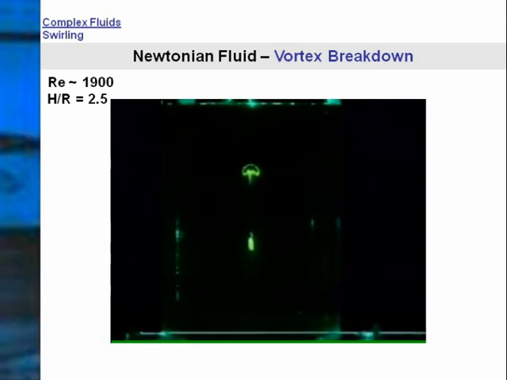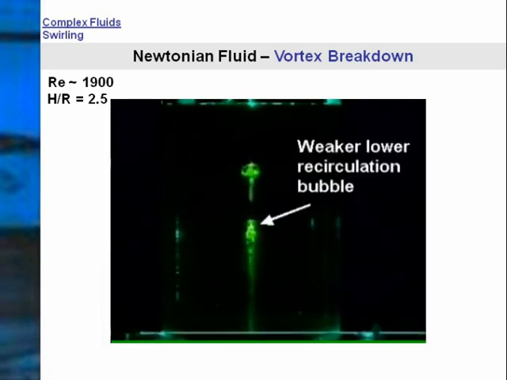We see that recirculation regions occur along the central vortex core. The lower recirculation zone is very weak compared to the upper recirculation zone.